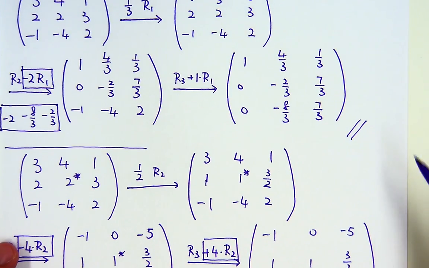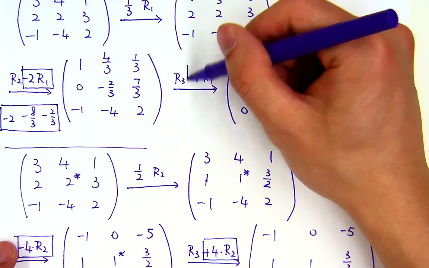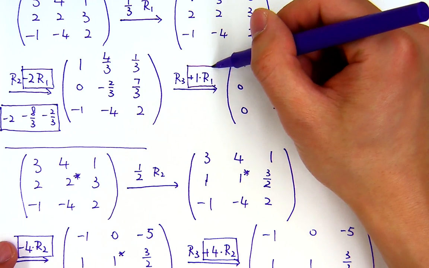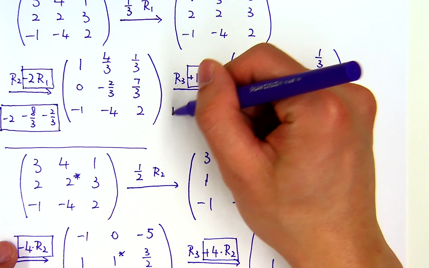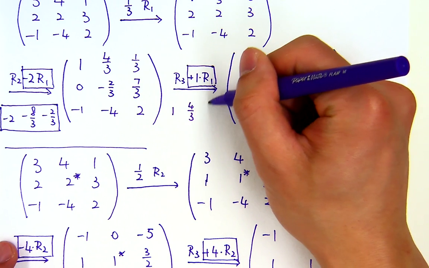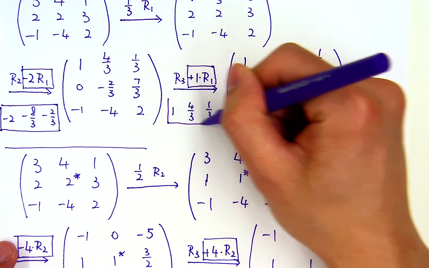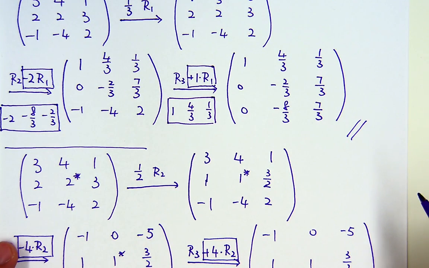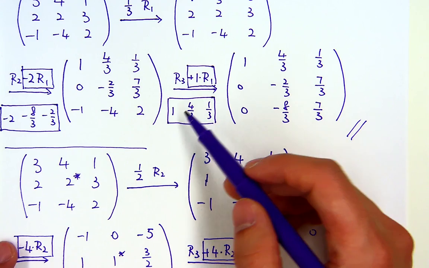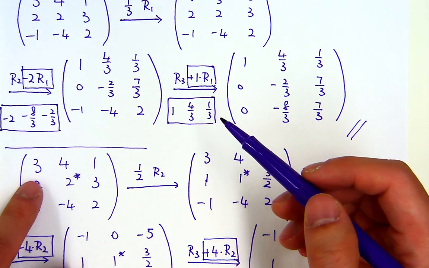Just a quick remark, right here I did not do any auxiliary row. Why don't I need to do so? It's because the auxiliary row is simply 1 times of R1, which is this row. 1 times of R1, 1, 4/3, 1/3. You may do so as well if you are not comfortable with not doing it, but we don't have to because basically we're just copying this row here.